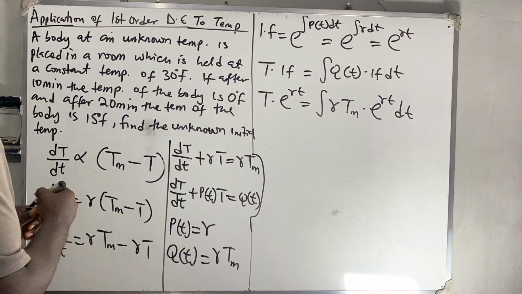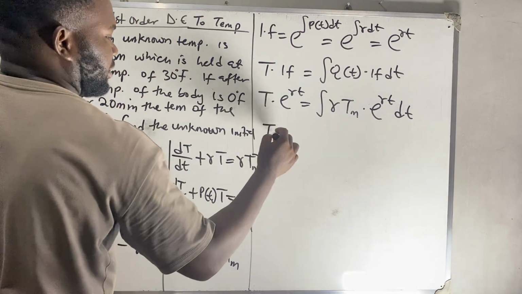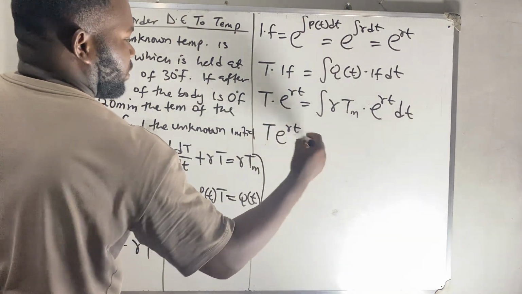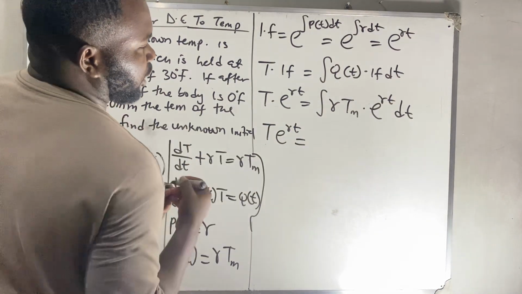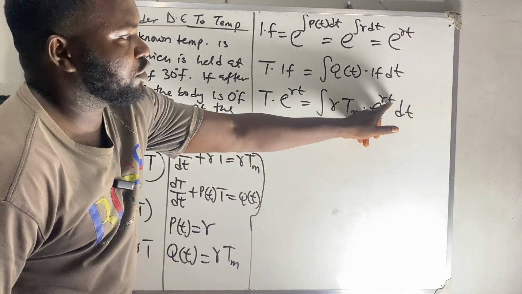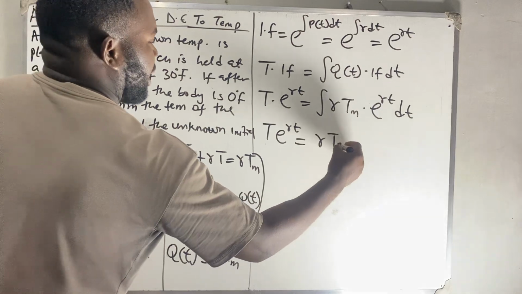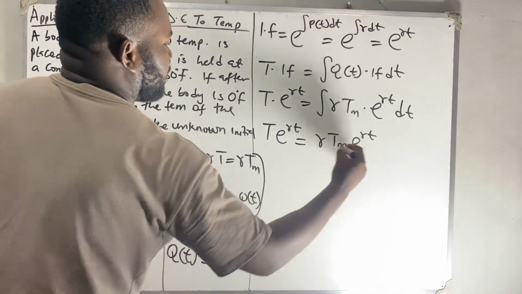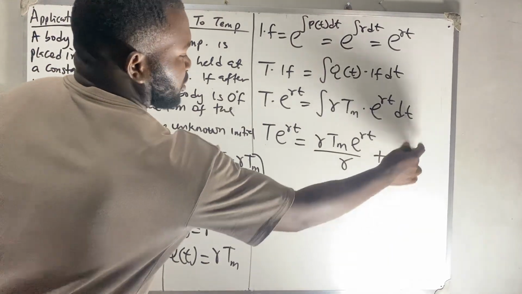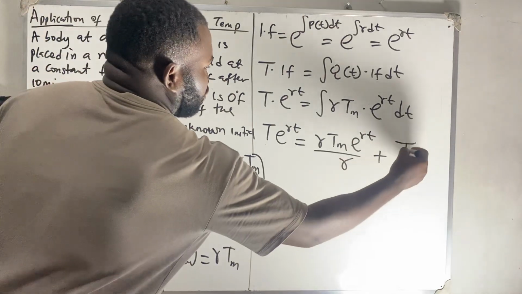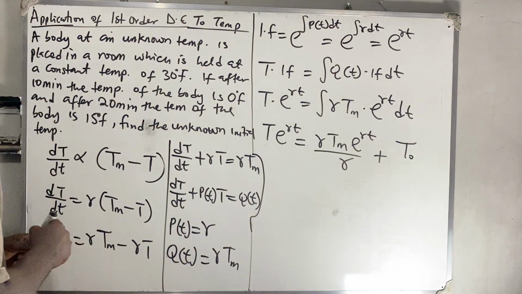Okay, so now this is equal to T exponential rt is equal to the integration of this. Differentiate rt to give you r, use it and divide everybody. So I'm having rTm exponential rt all over r plus a constant, and my constant here should be the initial temperature. Okay, that should be your constant.